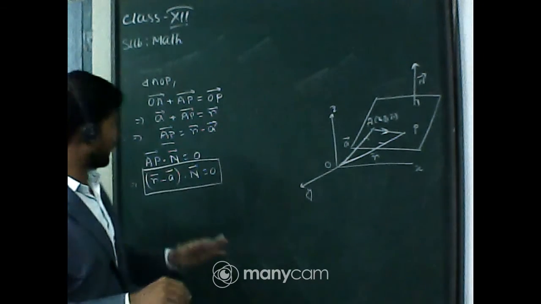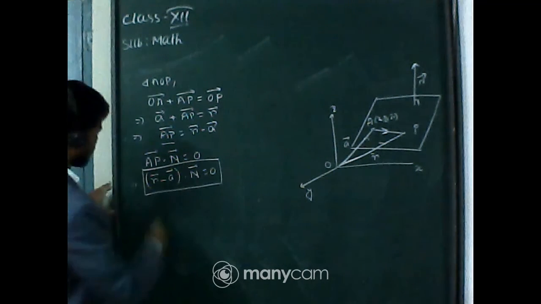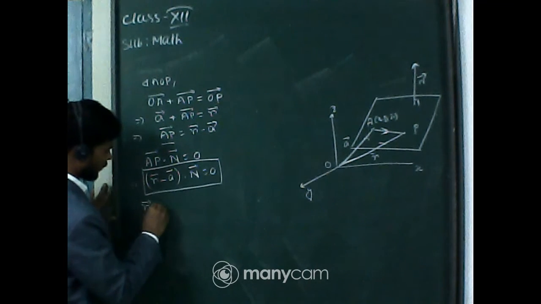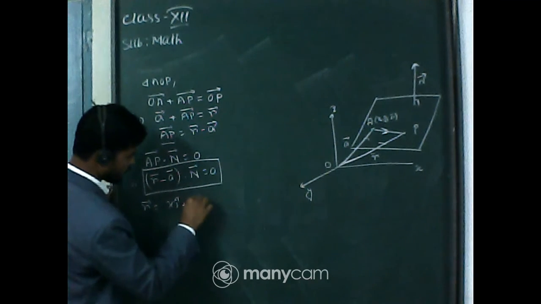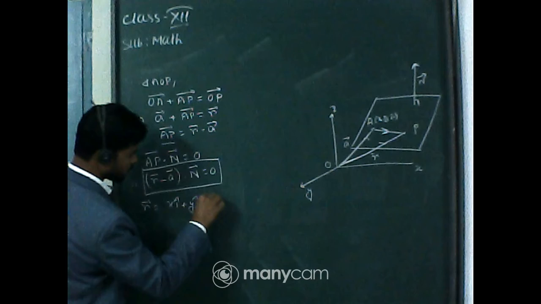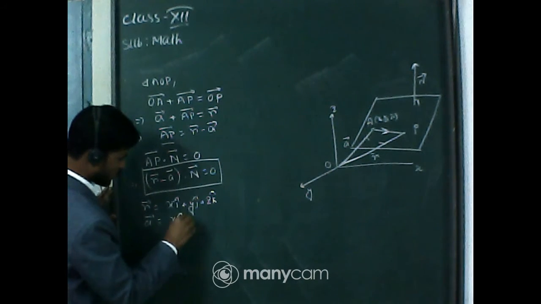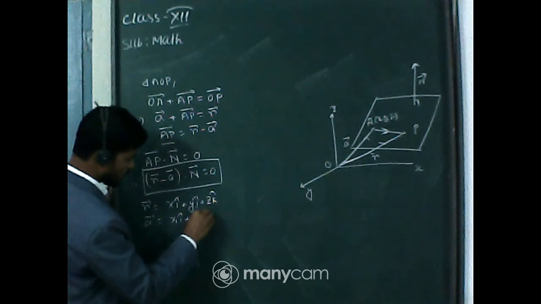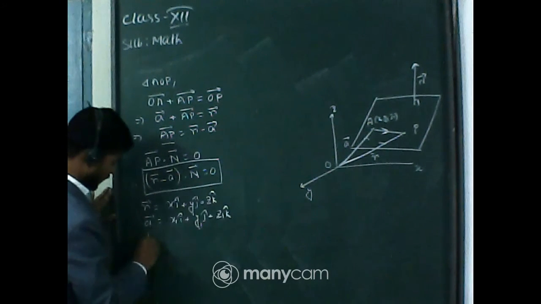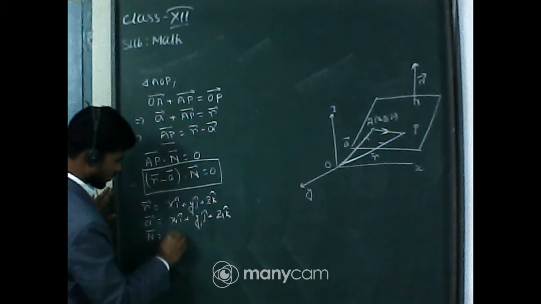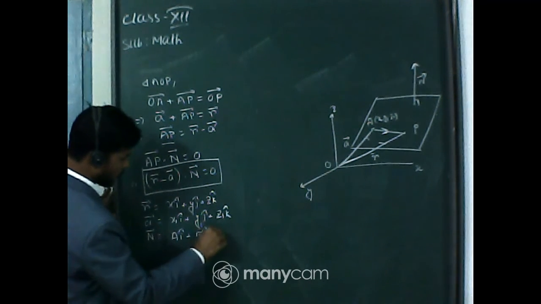Now we'll calculate the Cartesian form of the equation. For the Cartesian form, we put r vector equal to xi plus yj plus zk, a vector equal to x1i plus y1j plus z1k, and n vector equal to ai plus bj plus ck.